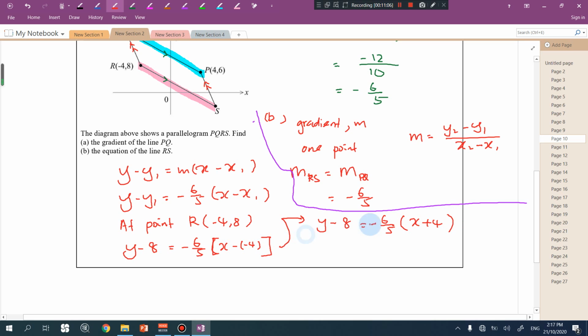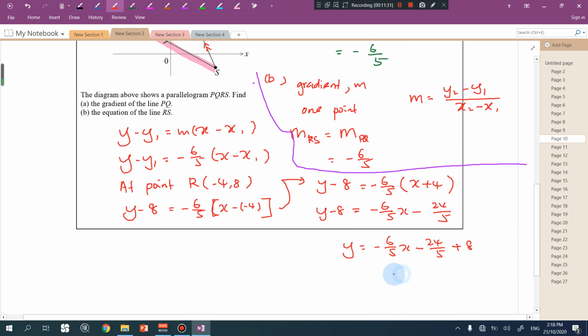Negative will give you positive, then only we start to do some expansion. Negative 6 over 5 x, negative times positive will give you negative 6 over 5. Okay, now next thing is to move this over here. y is equal to negative 6 over 5 x minus 24 over 5 plus 8.